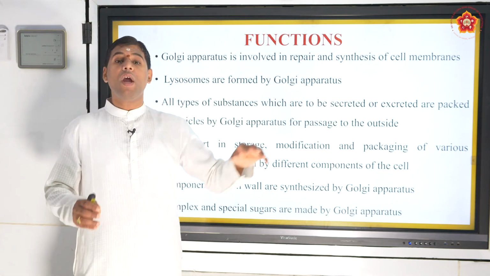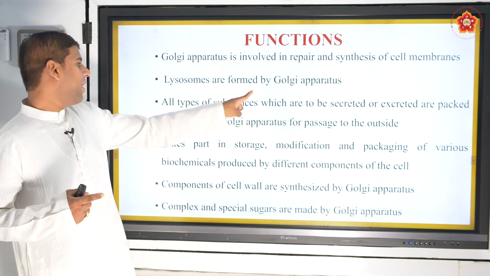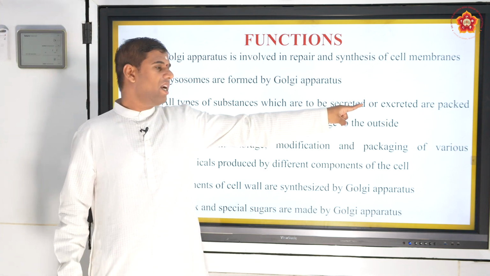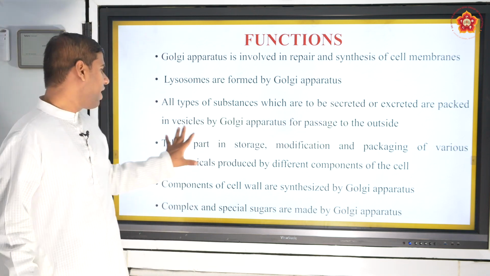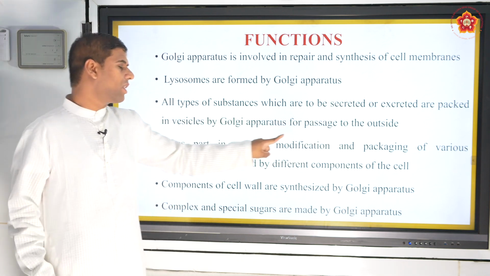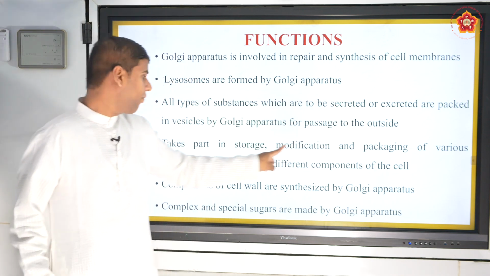So you saw this thing. Lysosomes are small things. They are formed by this Golgi apparatus, and all types of substances which have to be secreted, excreted, are packed by this Golgi apparatus for passage to the outside. So all this packaging, secretion, everything is carried out over here.